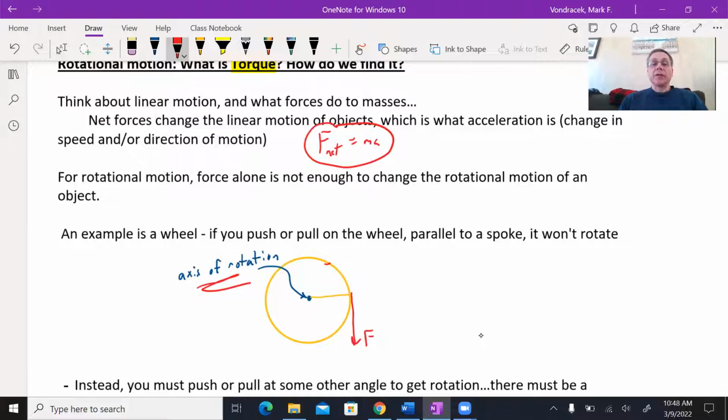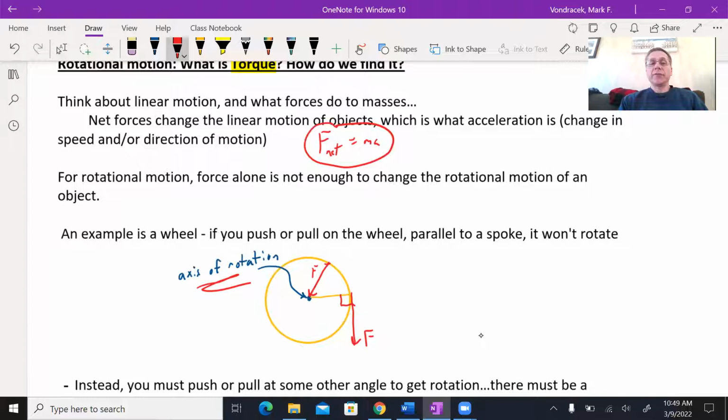Okay, so it's a combination of the force and the angle between the force and that radius line, the spoke of the wheel. Now we can imagine, what if you were to apply a force right on the axle of the wheel? What if you push right on the center, on the axis of rotation? That's not going to make the wheel spin either.